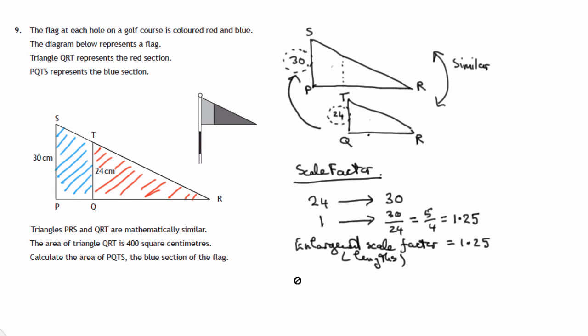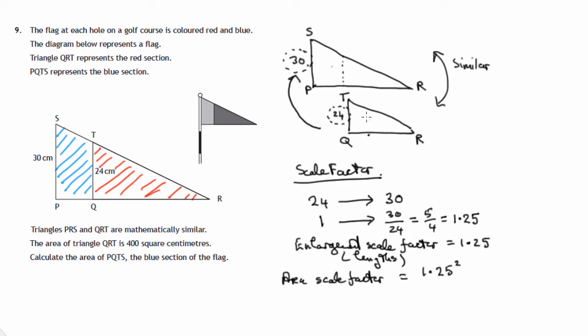So the area scale factor will be the square of the length scale factor. That's 1.25 squared. We don't need to work that out. We'll work that out in a minute.